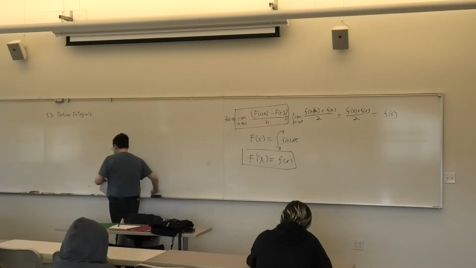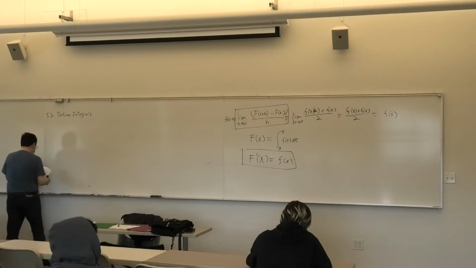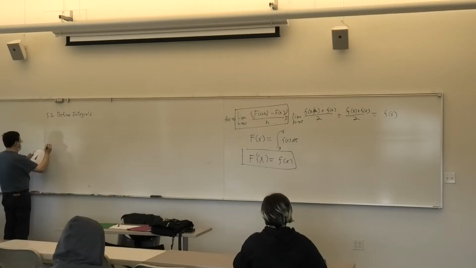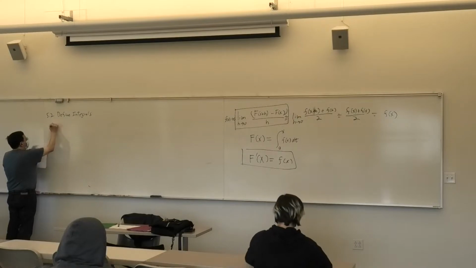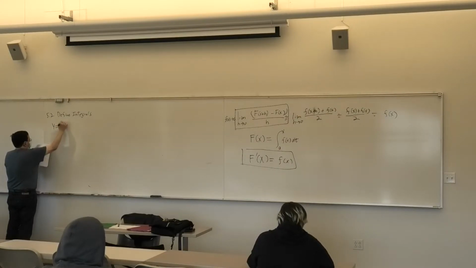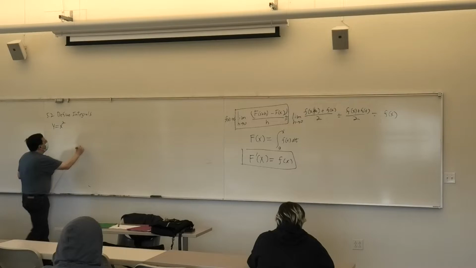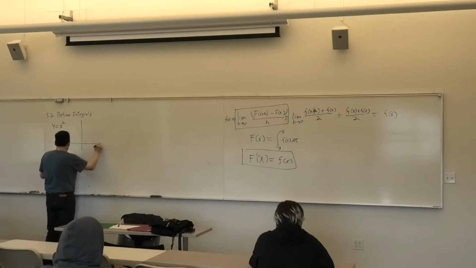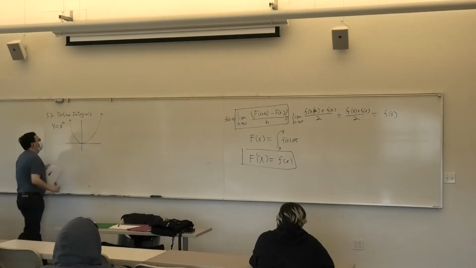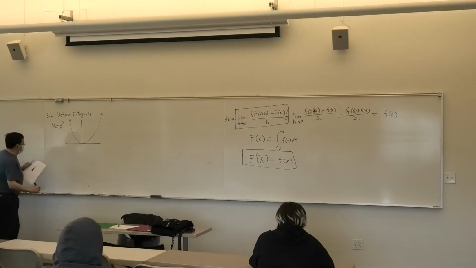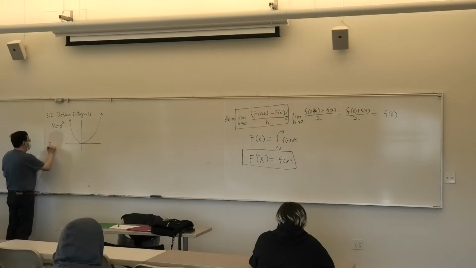All right, we're going to take a problem. We've already looked at this to some degree. We have a curve y equals x squared. It's a parabola, of course. And we want to know its area on the interval 2, 4.